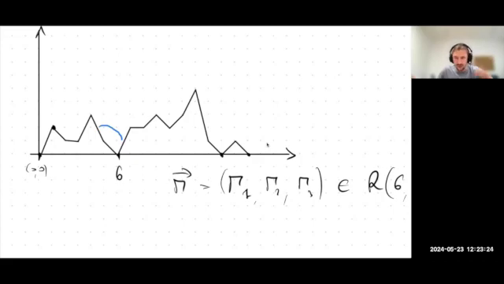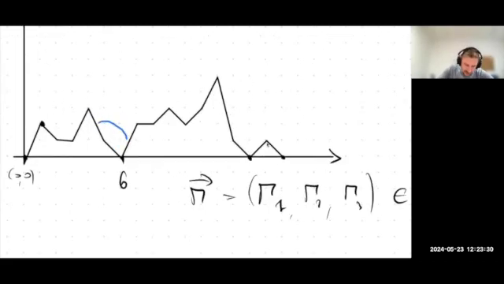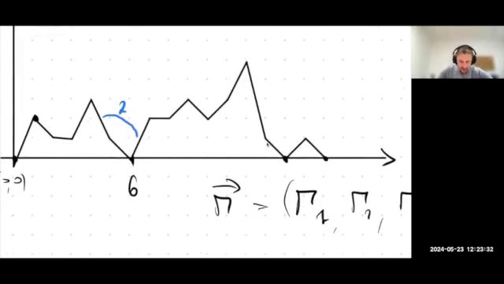So I need to find 2 steps. One is a down step, one is an up step, and they need to have the same increment. So in this particular case, this increment is equal to 2, and I am allowed to connect them, and this is a pairing. What I would not be allowed to connect is these 2 guys, because the first one is an up step. So this is not allowed.